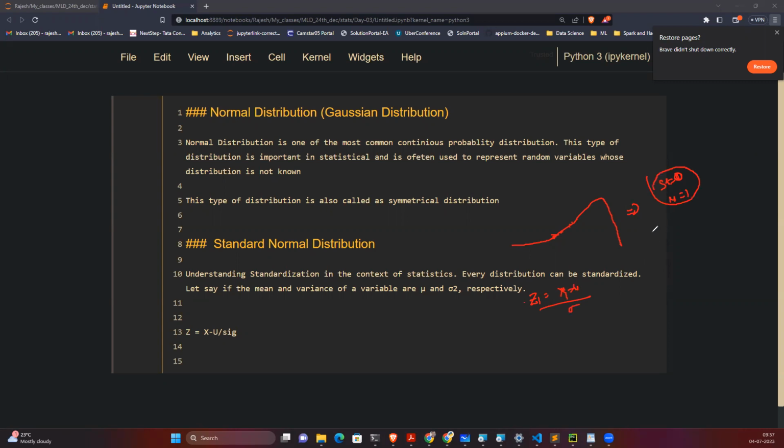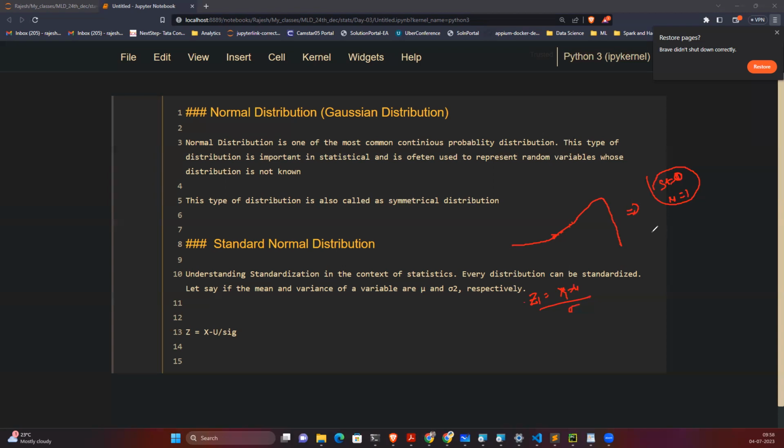Let's suppose we have a 30 floor building, and we want to draw the same building on a piece of paper. What we are trying to do is standardize the size. If a 10 feet window is there, we make it 2 or 3 centimeters according to the paper, right? So this is called standard normal distribution.